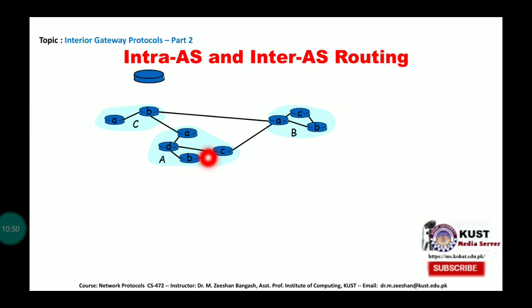Similarly, in autonomous system or sub-network A, there are different routers that are connected to each other directly or indirectly, and then there is a connection between two autonomous systems from router B to A or from router A to B. Similarly, in autonomous system B we have different routers that are connected, and this router A is connected to two autonomous systems.